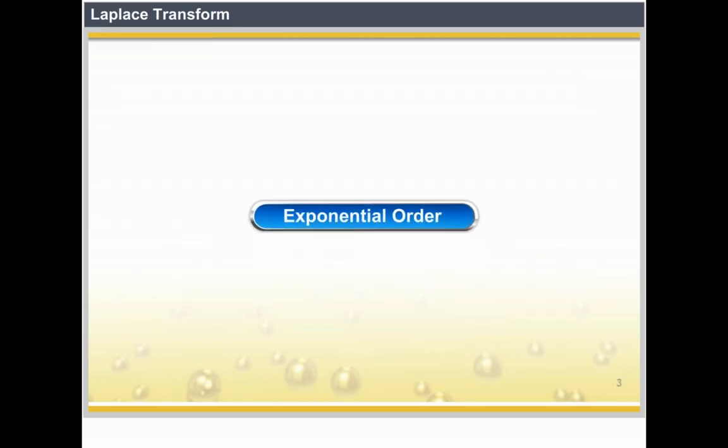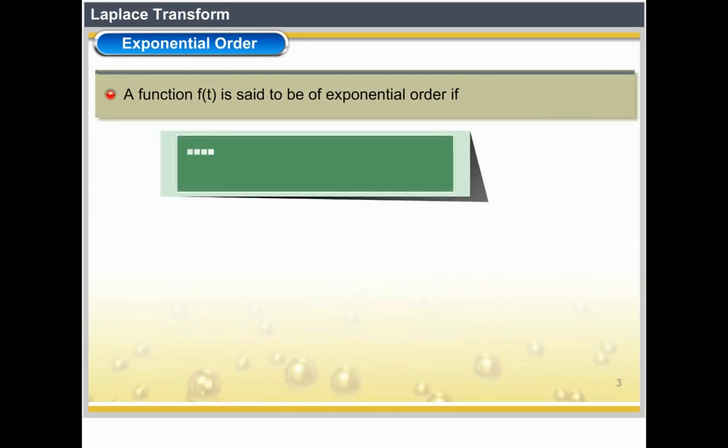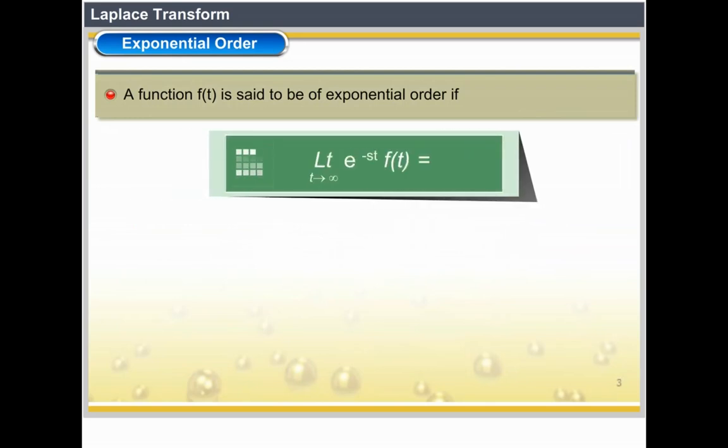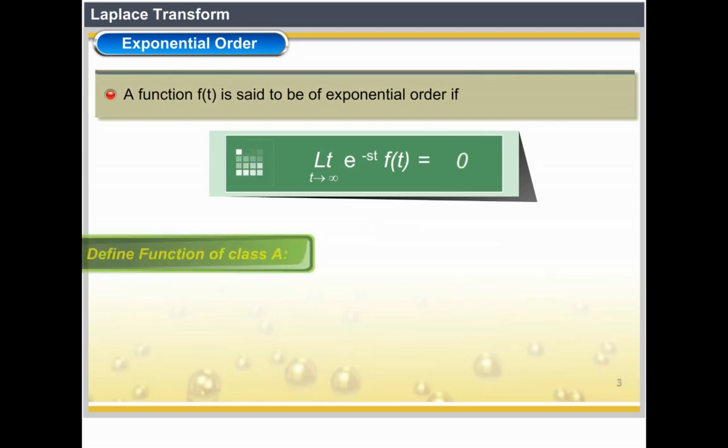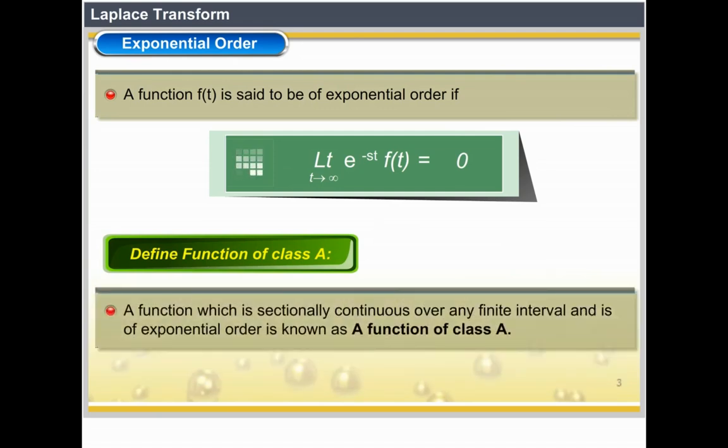Exponential order: a function f(t) is said to be of exponential order if the limit as t tends to infinity of e^(−st) f(t) equals 0. Define function of class A: a function which is sectionally continuous over any finite interval and is of exponential order is known as a function of class A.